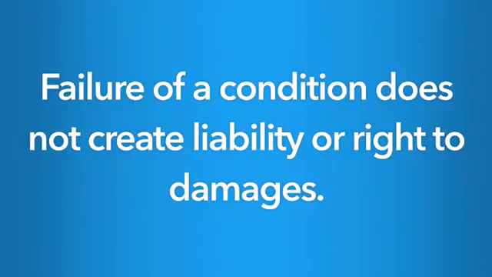And finally, the failure of a condition does not, in and of itself, create any liability or right to damages. That is, a condition is never breached. It is either satisfied or it fails. The condition might trigger an obligation, but it did not create the obligation. Some other contract language did that.